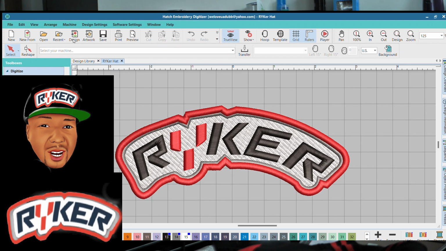So this is what I came out with after I digitized the image. Looks pretty close, I think. One of the things about digitizing is you never know how your design is going to come out until you actually put it in that embroidery machine and start to embroider that design.